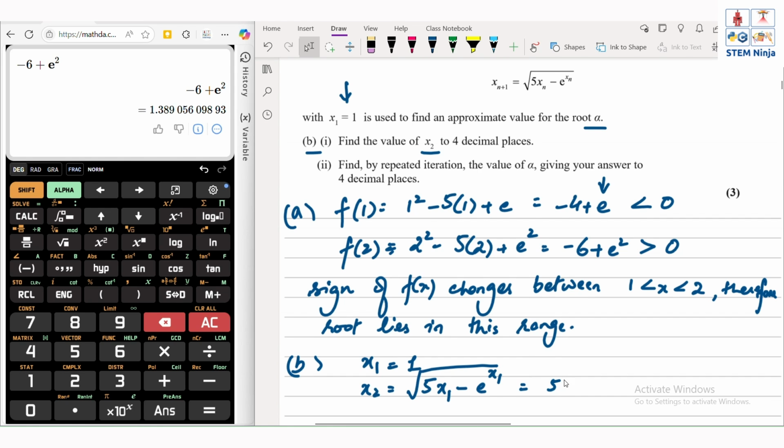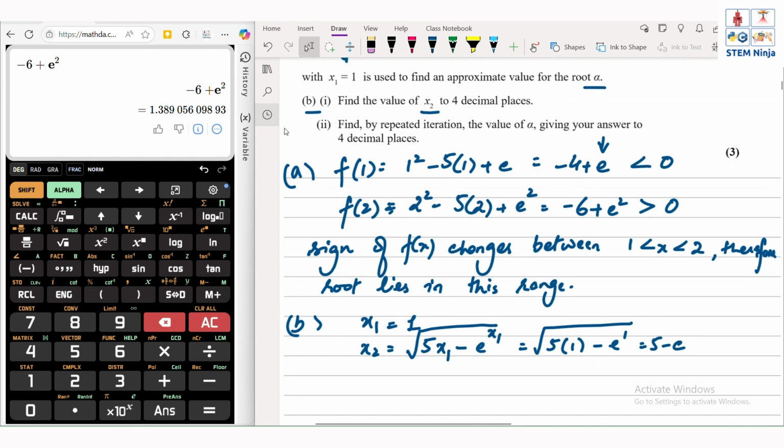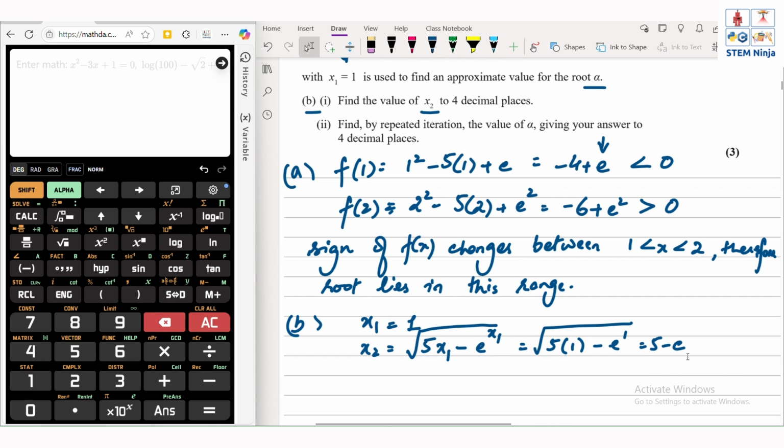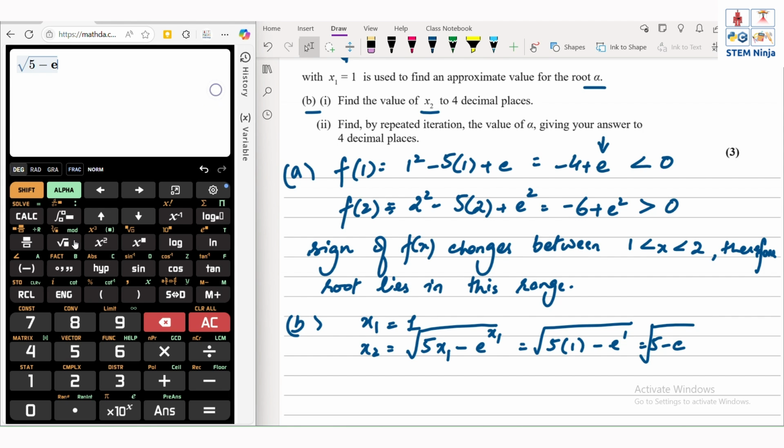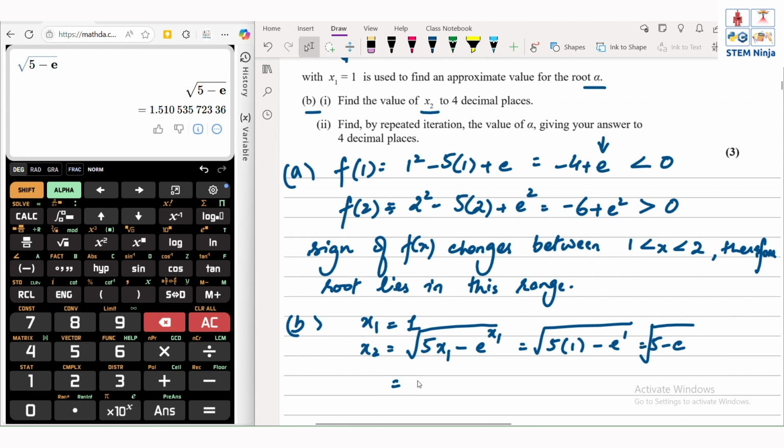So in this case, this is 5 times 1 minus e raised to power 1. So 5 minus e, that is 1.510, to 4 decimal places.